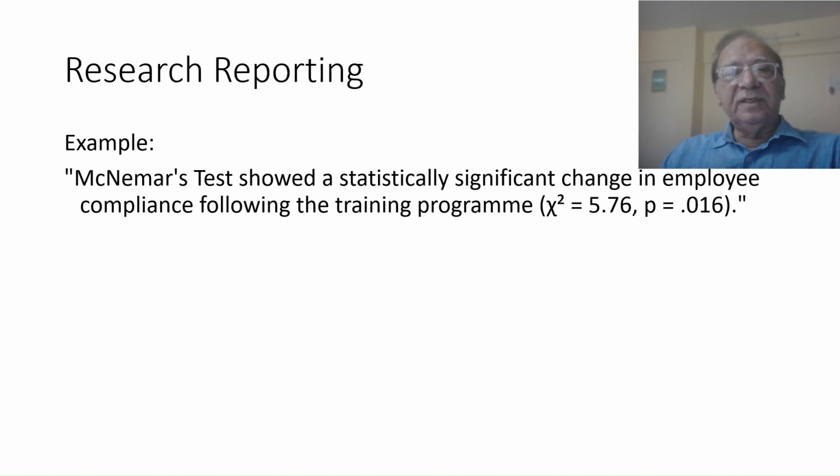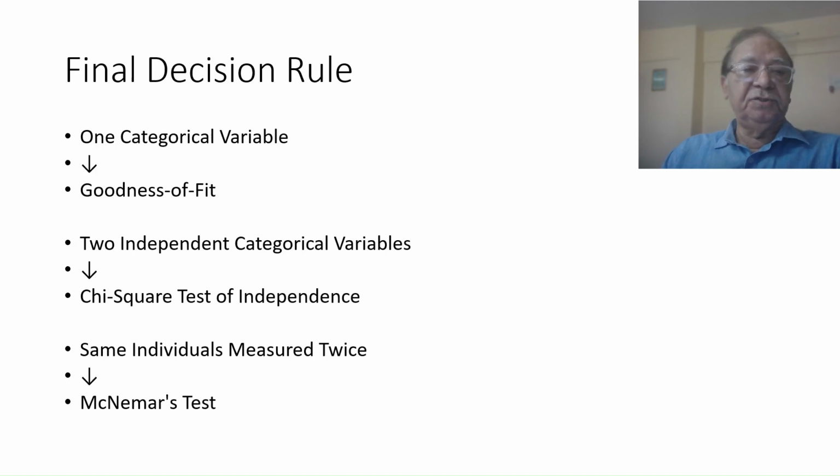Before we conclude this lecture, let us summarize the decision-making process. If you have one categorical variable and wish to compare observed and expected frequencies, use the chi-square goodness of fit test. If you have two independent categorical variables and wish to examine whether they are associated, use the chi-square test of independence.